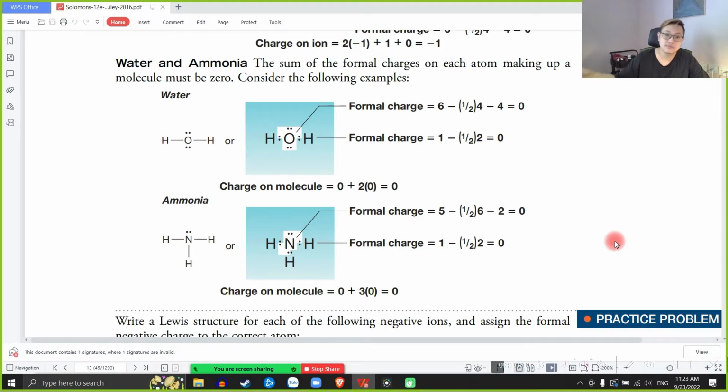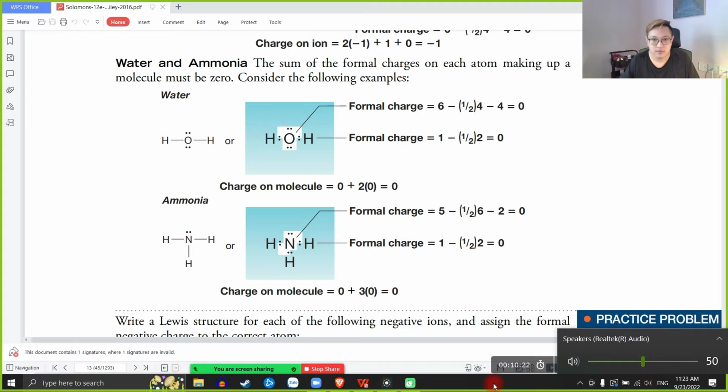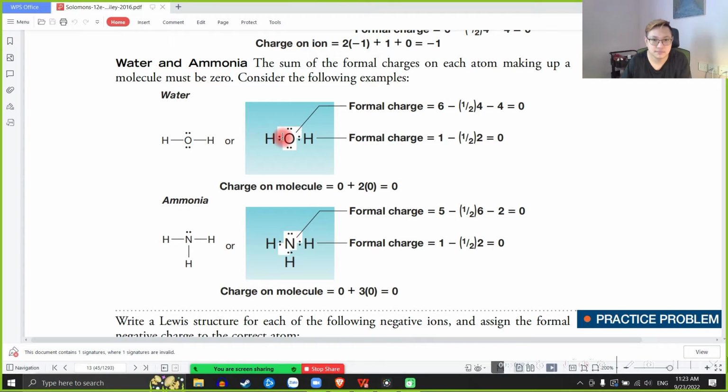Can you describe it? Okay, so for oxygen, it has 6 valence electrons, and for the shared electrons, it has 4 shared with the hydrogens. So 6 minus half of 4, and it has 4 unshared electrons, 2 lone pairs outside.